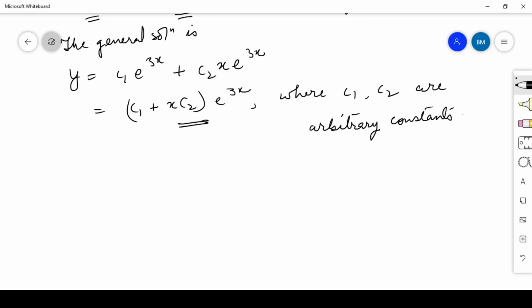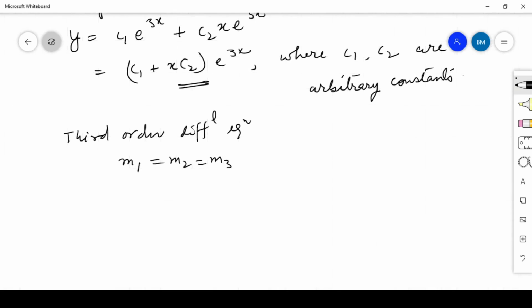Suppose I am considering a third order differential equation, and suppose the values of m obtained are all equal, m1 equal to m2 equal to m3. Then what will be the general solution?